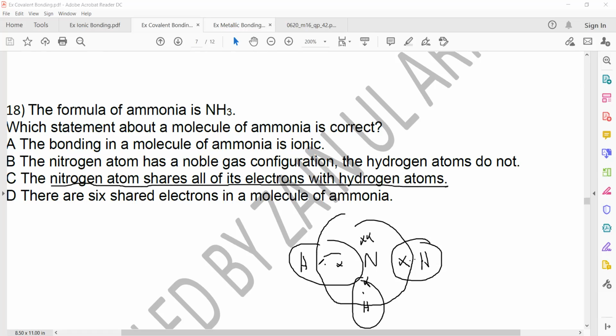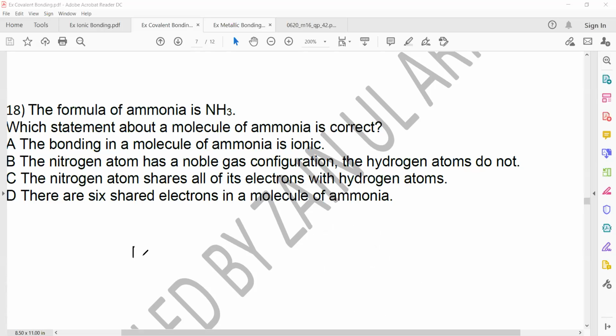It's not sharing all. Only 3 are shared and 2 unshared are there. And there are 6 shared electrons in the molecule. That's correct. This is 2, 4, 6. So 6 shared electrons are there in ammonia. 3 pairs or 6 shared electrons, that has the same meaning.